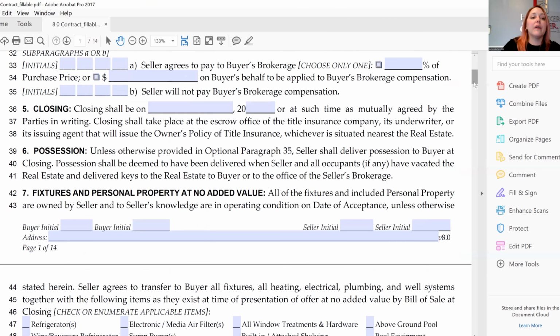All right, next up we have the closing date. All right, so the closing date, pretty self-explanatory. We're just saying when we want the closing to happen. Now, the one thing I will say is when we have disputes, a lot of them are over the closing date. So when I'm helping a client, if they don't have an agent or something along those lines, I always tell them the one thing that I have the hardest time changing is closing date. I'm not allowed to change the purchase price, but I also can't, the closing date can be very difficult.